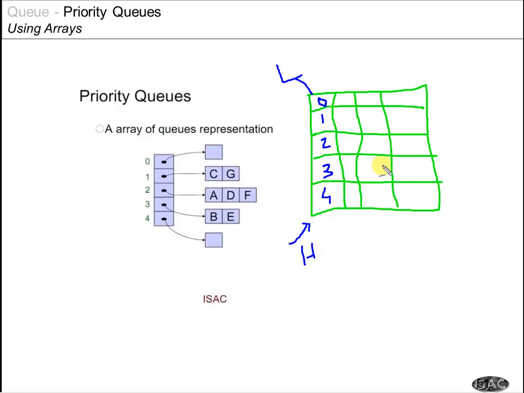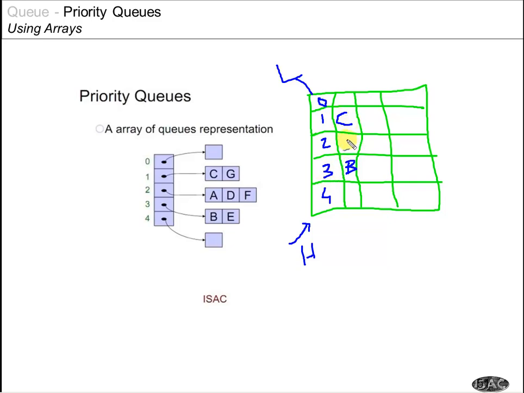So let us assume a new element comes, B, with a priority of 3. So 3 comes, then I will put B here. Then another element C comes with priority 1. Then I will keep C here.